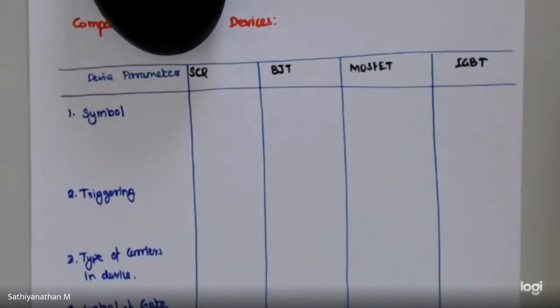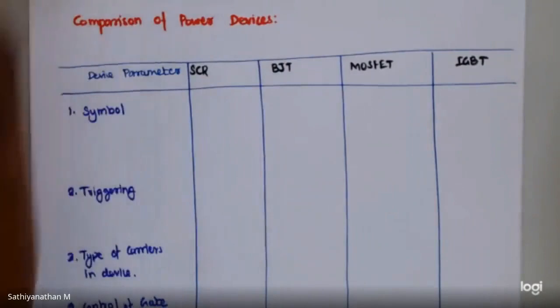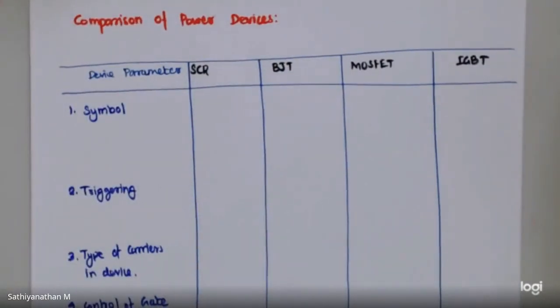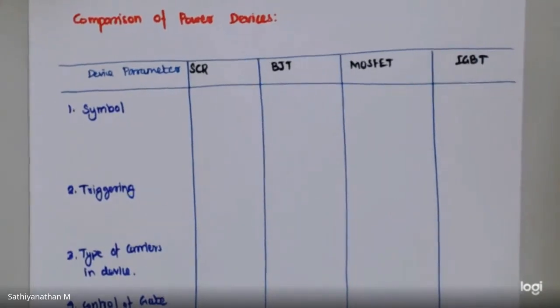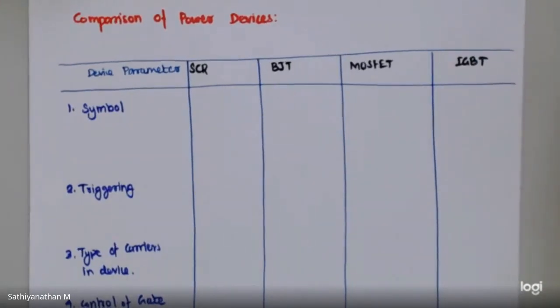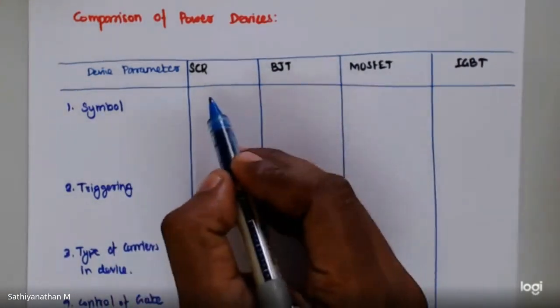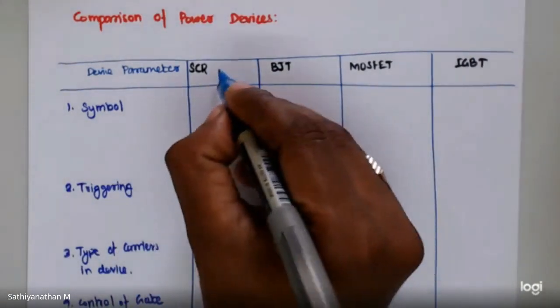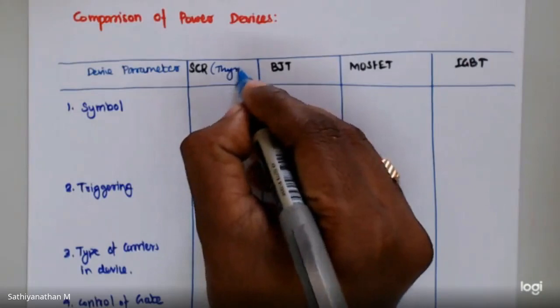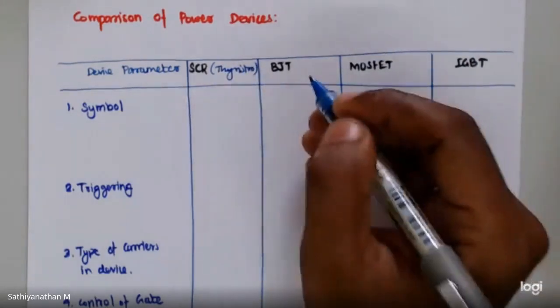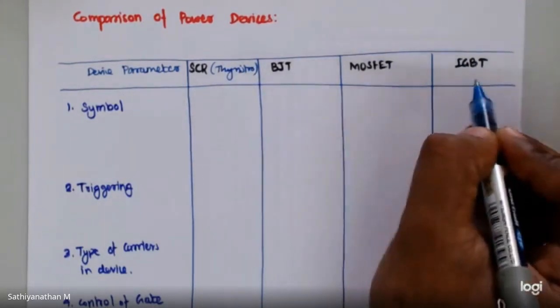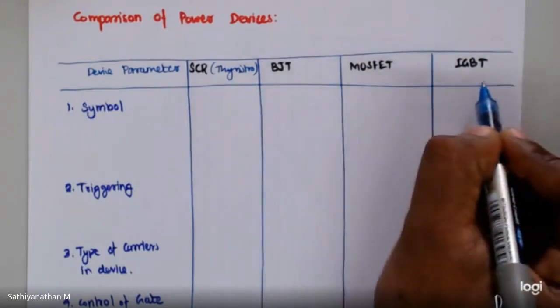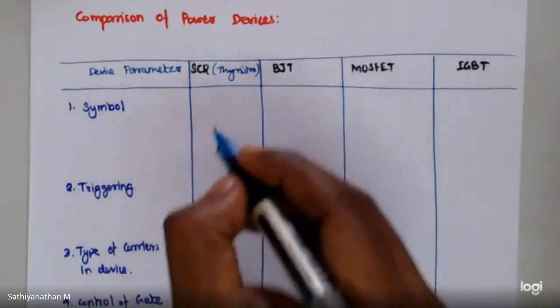So before that, we quickly go through the important parameters of the devices which we have discussed so far. Okay, so first one is SCR, also called thyristor, and power BJT, power MOSFET, and IGBT. These are the four devices we have discussed so far.